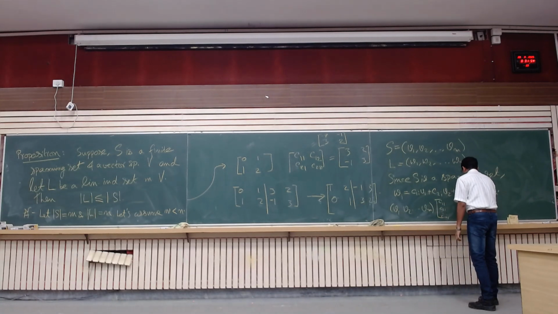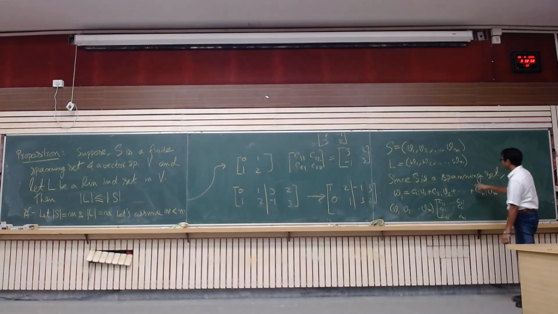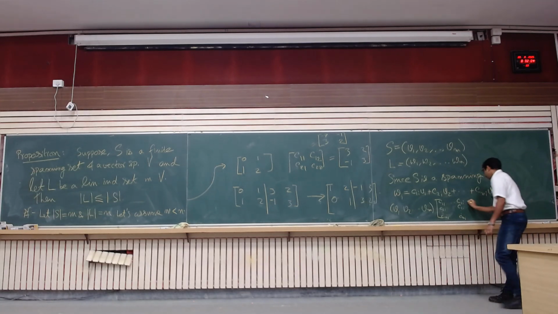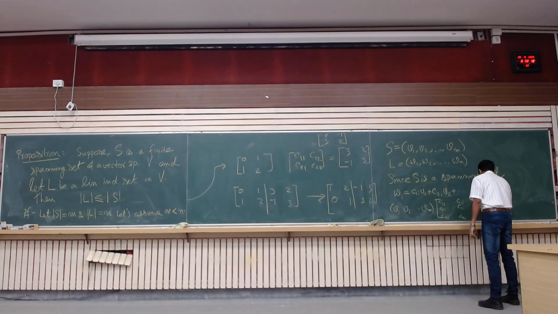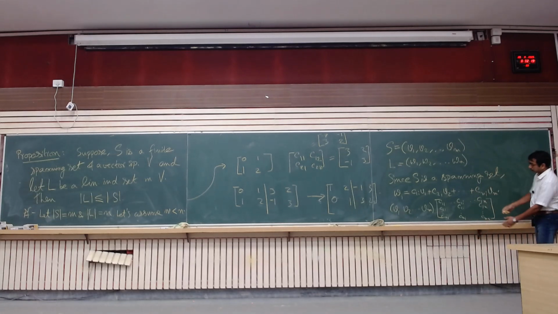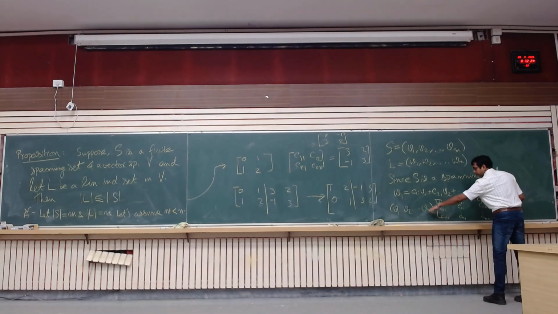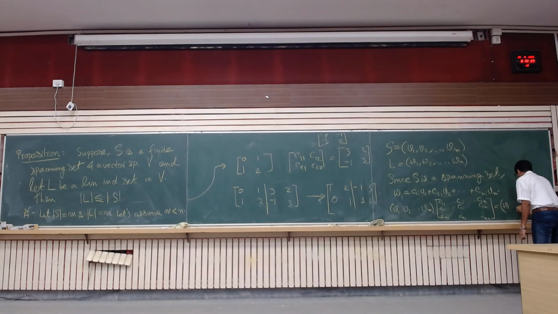For I, we have C1i, C2i dot dot dot Cmi, and when I is equal to n, for Wn, you have C1n, C2n dot dot dot Cmn. Okay. So these columns are giving you these linear combinations of V1, V2 to Vm, which is W1, W2 dot dot dot Wn.